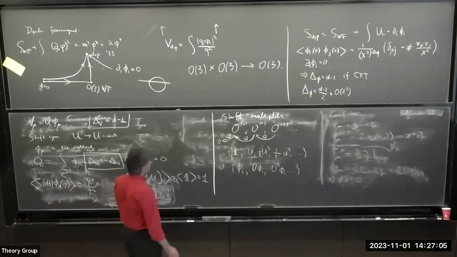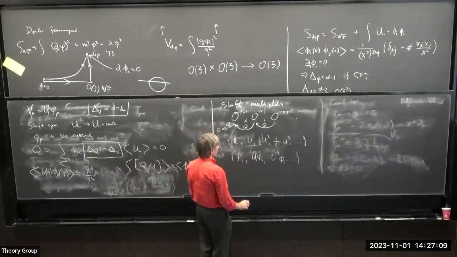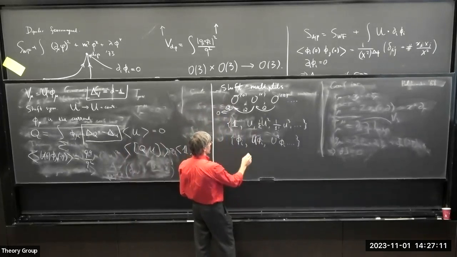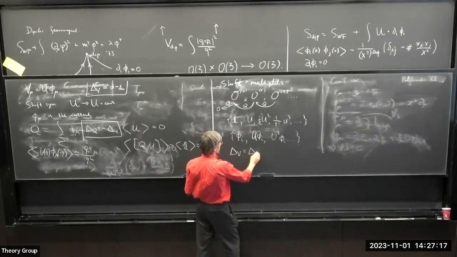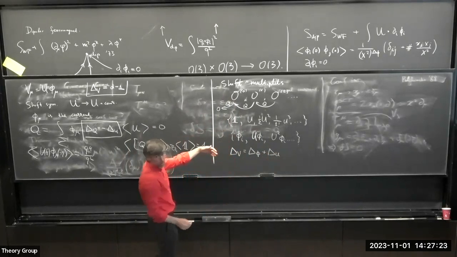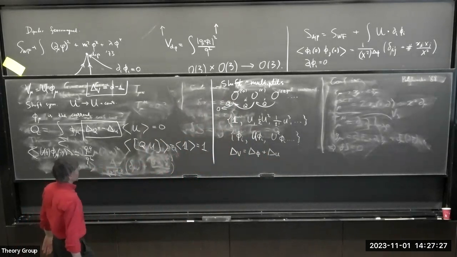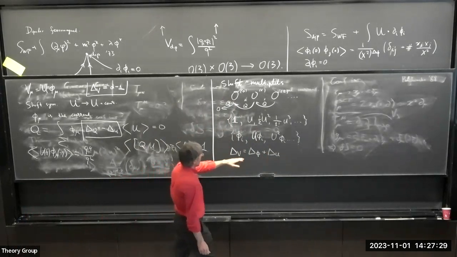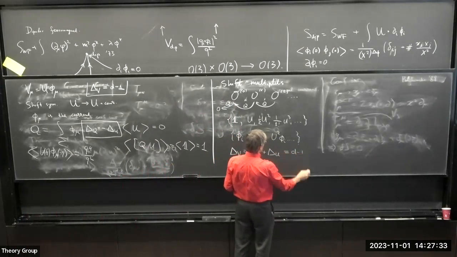Now from here, I'm going to argue that the virial current is not renormalized. Well, this is just an issue of simple algebra. So the dimension of the virial current, delta V, is equal to delta phi plus delta U, because we are in a shift multiplet and the dimensions are quantized in terms of delta U. And I claim that this is equal to d minus 1.